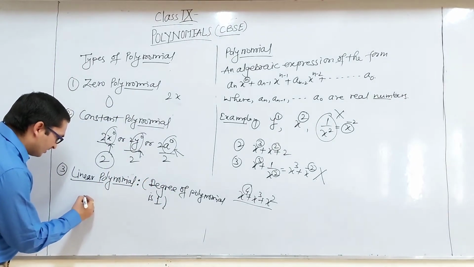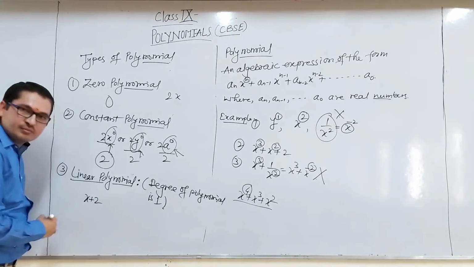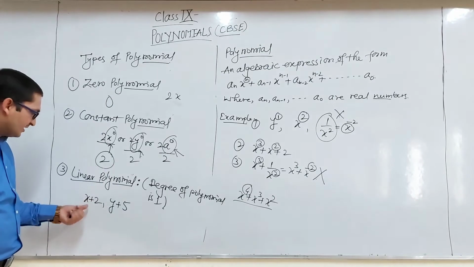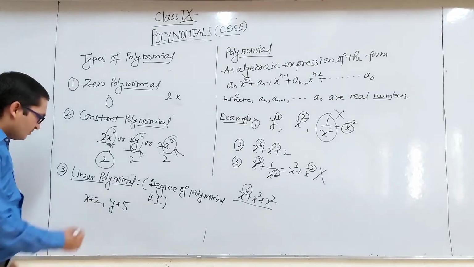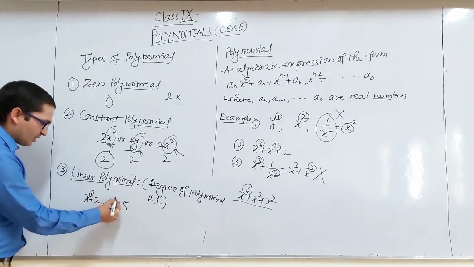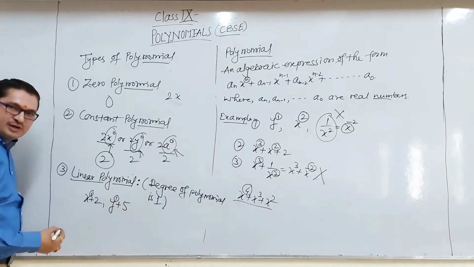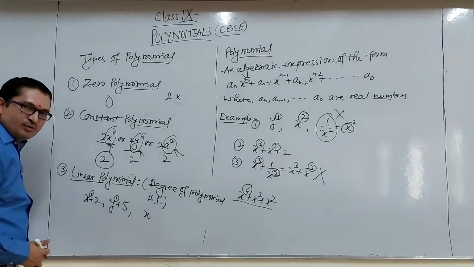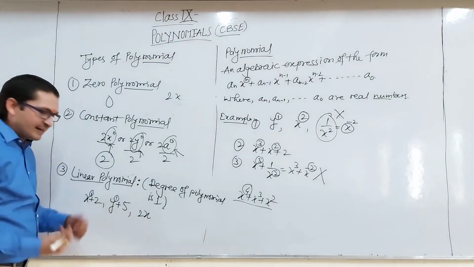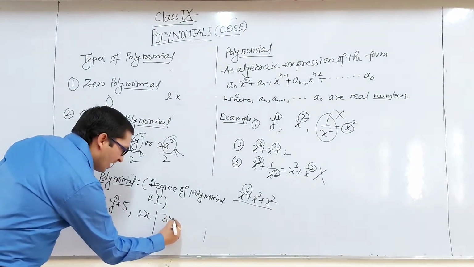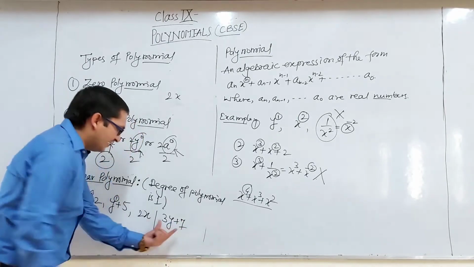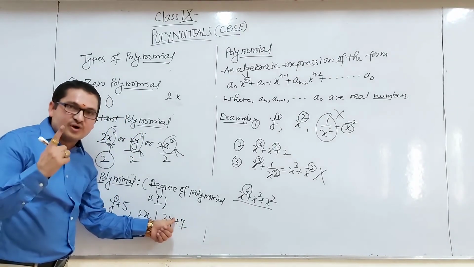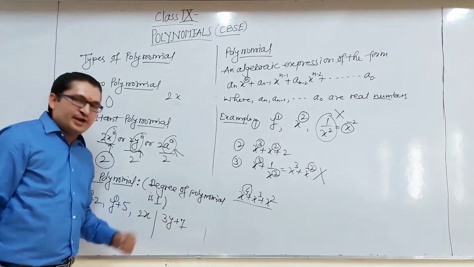So it will be like this: x plus 2, y plus 5. What is the degree of this polynomial? 1. The power of this variable is 1. So this is a linear polynomial. Even x alone is a linear polynomial. 2x is a linear polynomial. 3y plus 7 is a linear polynomial. Why? The power of the variable is 1, so the degree should be 1.